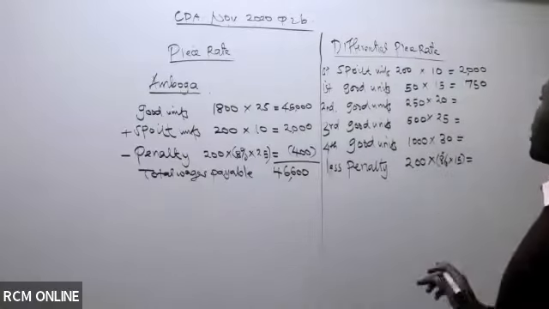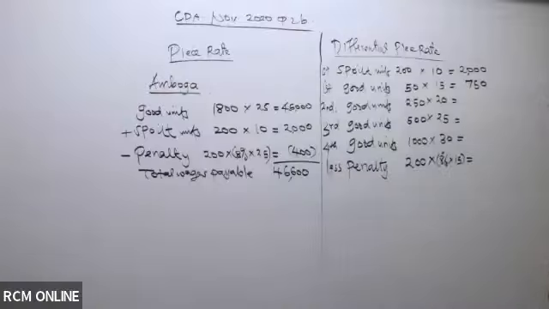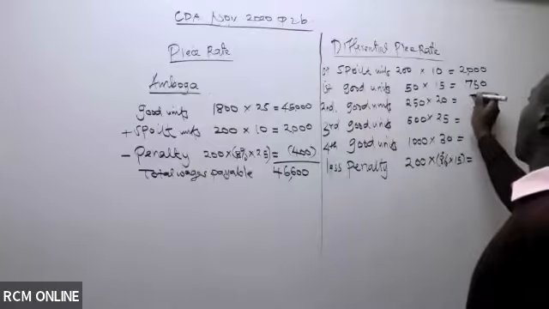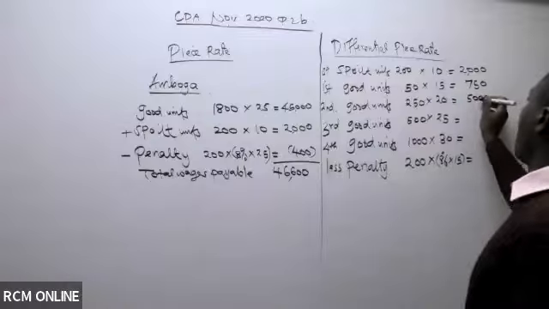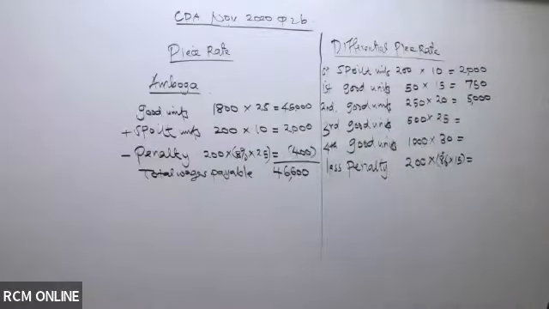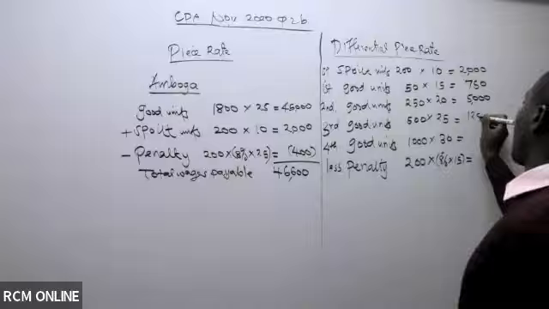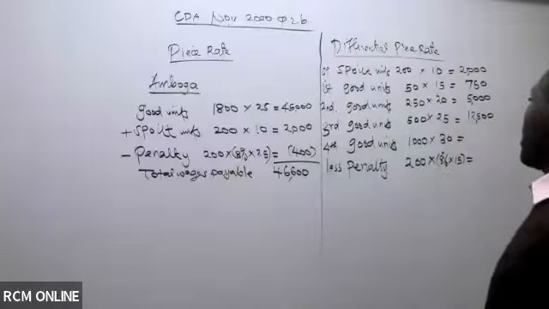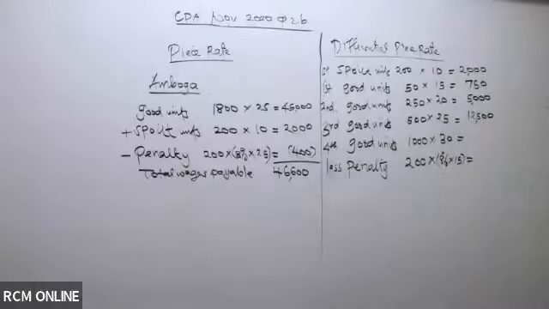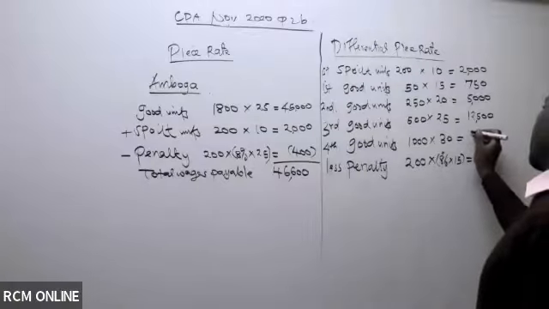We have 250 by 20, that is 5,000. We have 500 by 25, that is 12,500. We have 1,000 by 30, 30,000, right?